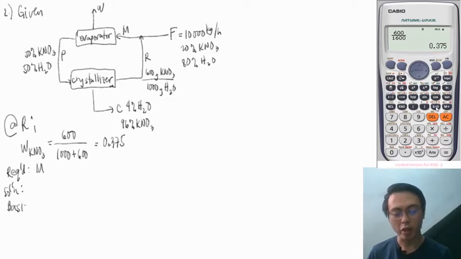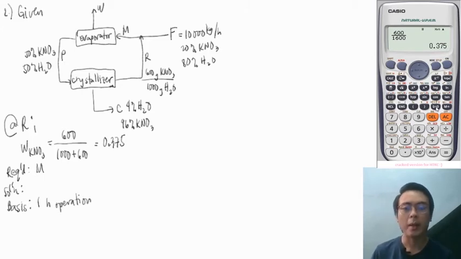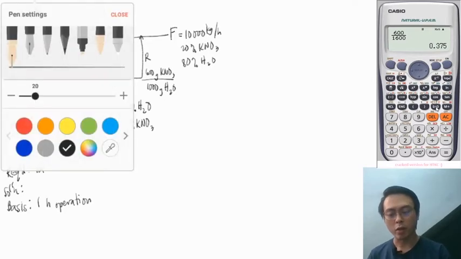So we start our solution by defining our basis. In this case, we are given the flow rate of the feed, 10,000 kilograms per hour. So a good basis would be 1 hour operation. Next, just as how we solve multiple units, we first set our first boundary. So where can we set our first boundary?